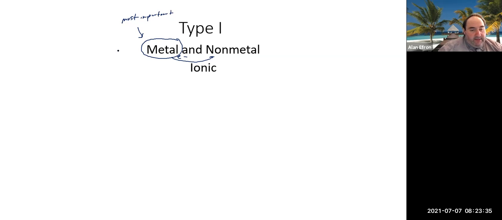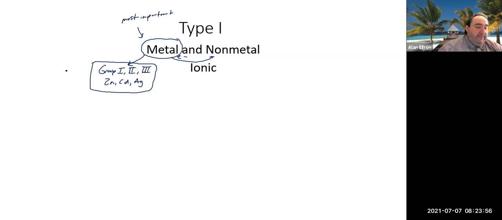In a type 1 compound, the metal will be in group 1, 2, 3, or it will be zinc, cadmium, or silver. And what all these share in common, as we talked about at the beginning, is that they all have a fixed positive charge.